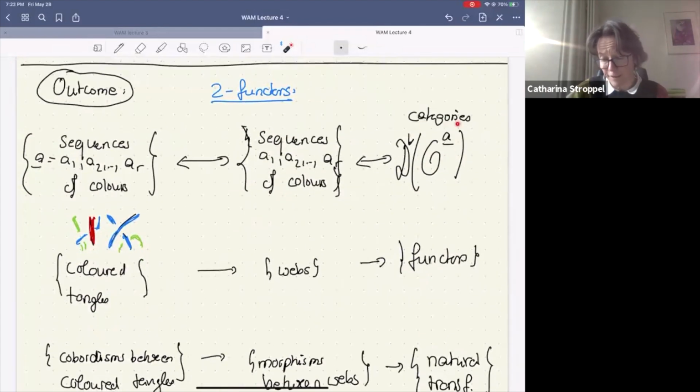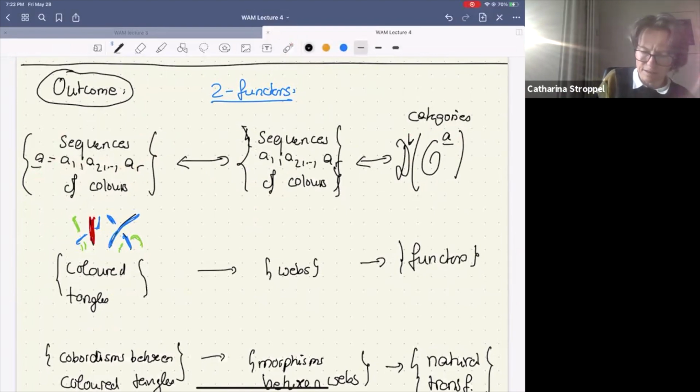So here I have a derived category, whereas here I have sequences of numbers, which I call colors. And then having two sequences of colors, so for instance in this example down here, it would be green, red, blue, blue, blue. And on the bottom in a similar way. I have two derived categories here. So let's say on the top I have the colors A, on the bottom I have the colors A prime. Then I would have a second category, which looks like this.